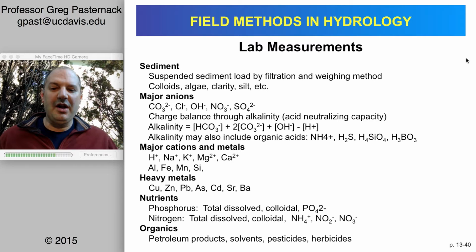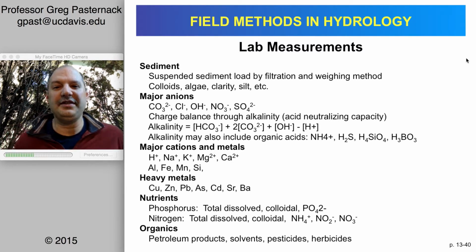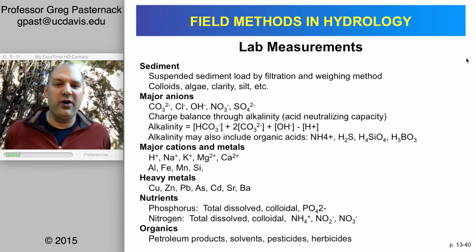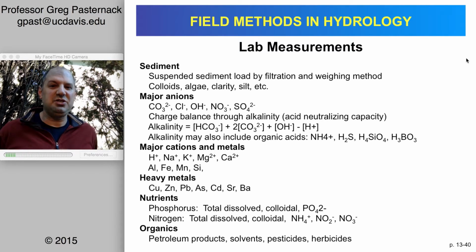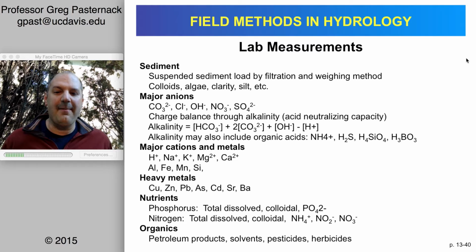Finally, I just wanted to give you a laundry list of some of the things that you can do in the laboratory as far as analyzing samples that you collect in the field. Many of these we've already talked about, but there are other ones, and it's just simply far beyond our class to go into these. But carbonate chemistry is a fairly basic and important thing, like alkalinity, of course, nitrate, sulfate, phosphate, hydrogen ion, chloride.